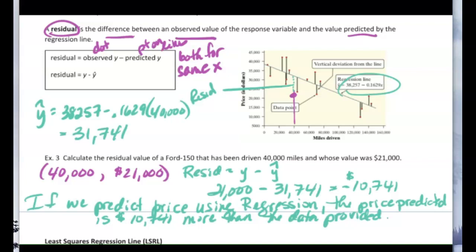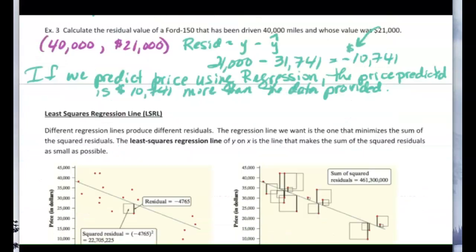Okay, now there's a second way to say that, and that's to start from the dot and say that the point that you have is $10,741 below the least squares regression line. And that's what that negative actually represents, that we are below the least squares regression line, or the regression line, right? All right, cool.